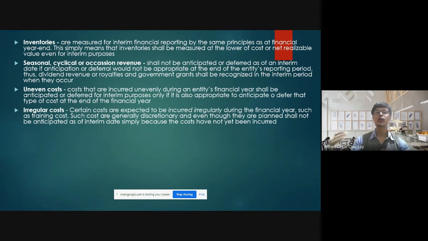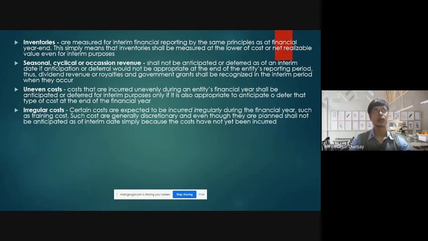Okay, so such costs are generally discretionary and even though they are planned, shall not be anticipated as of interim date simply because the cost have not yet been incurred. So, in other words, recognize them only when they are incurred, no?